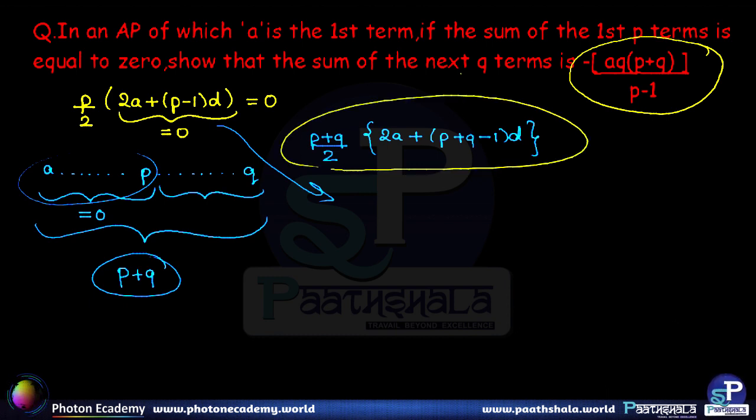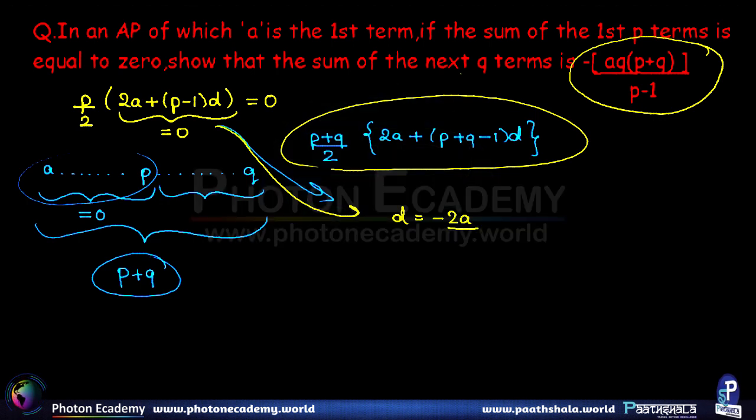Now eliminating D using this equation, we can write D is equal to minus 2A upon P minus 1. Okay. Now substitute this D over here and let's check what we have.